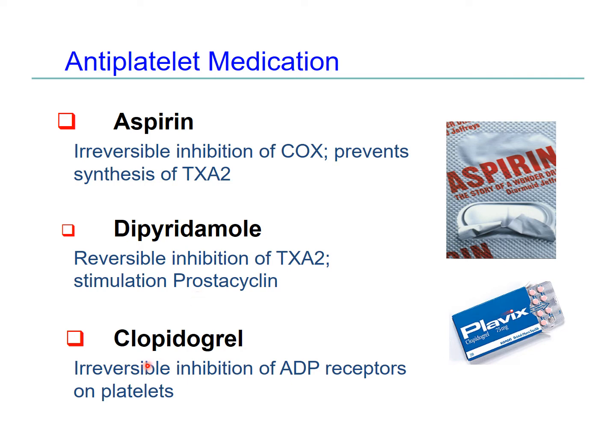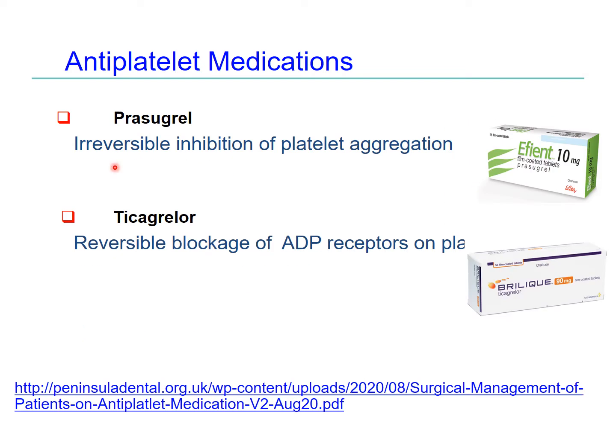Clopidogrel, again prescribed as a 75 milligram tablet, causes irreversible inhibition of ADP receptors on platelets, thereby preventing their activation. There are two other antiplatelet medications, prasugrel, which causes irreversible inhibition of platelet aggregation, and ticagrelor, which causes reversible blockade of ADP receptors on platelets.